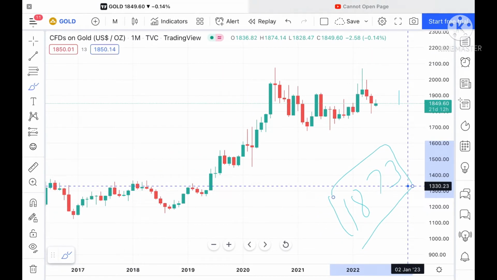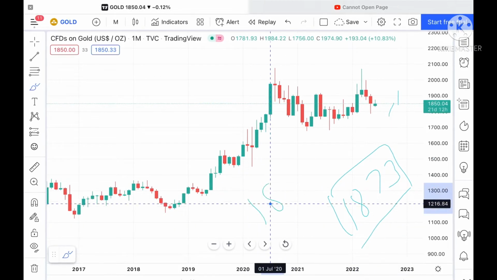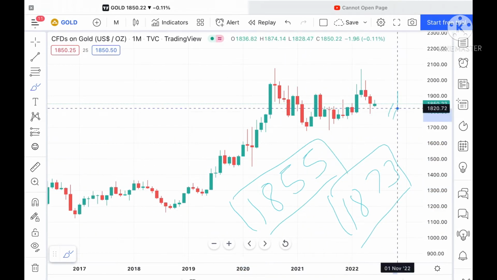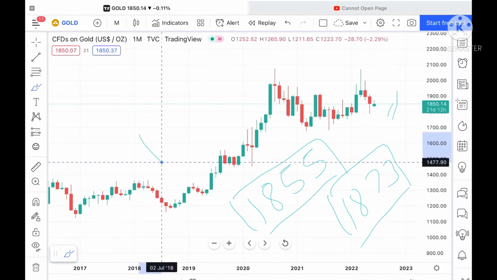Suppose if this particular level sustains, we can see it can go and touch a level of 1855. And once this level goes upside, it can go further high and can touch a level of 1873.